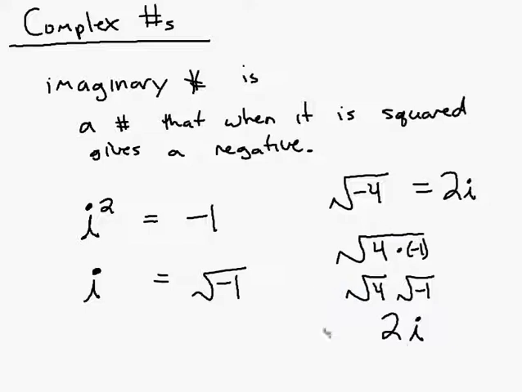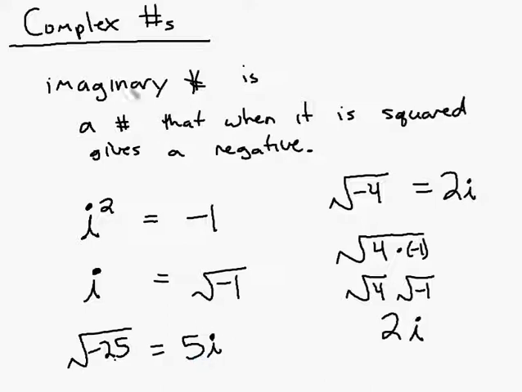Now you don't need to show all this work. I'm just showing you where it comes from. So if I wanted to do the square root of negative 25, well, the square root of 25 is simply 5. And I recognize that because I have a negative here, I'm going to need an i for the imaginary number.